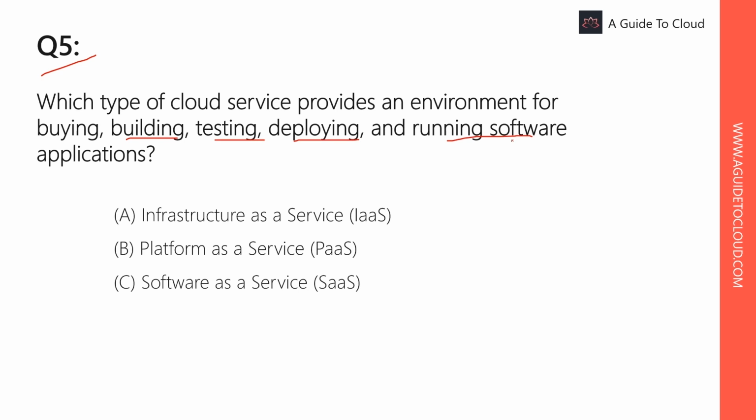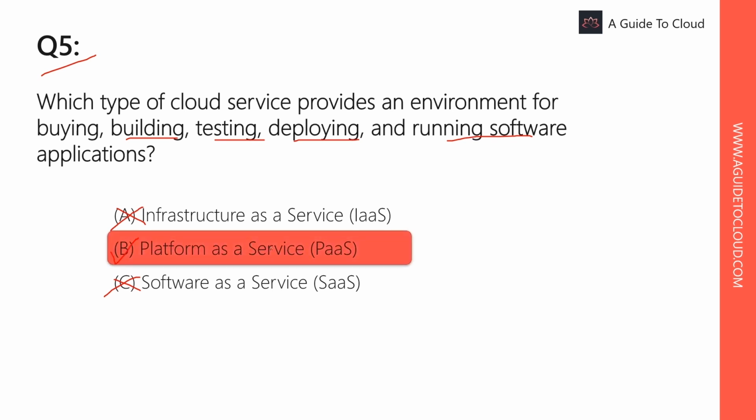It never mentioned maintaining a server, patching an operating system, getting control of your operating system, etc. So this is definitely platform as a service. Infrastructure is not, because this customer doesn't need a server to manage and maintain. Software as a service doesn't offer building, testing, deployment, and running software applications. So the right answer is platform as a service.